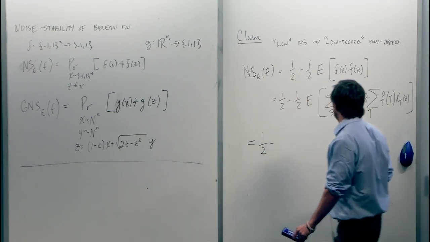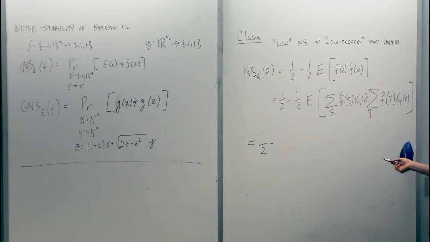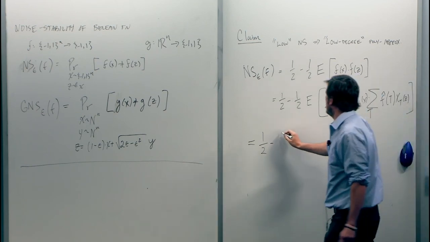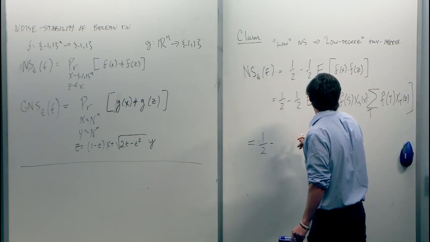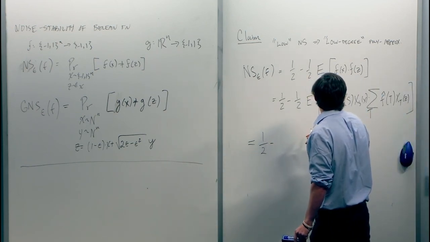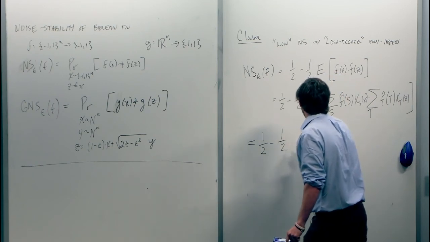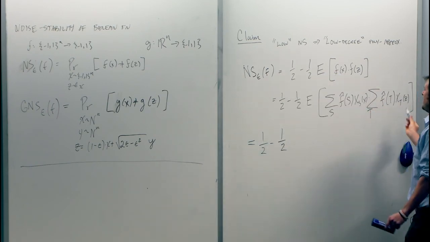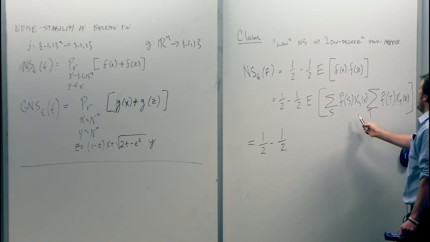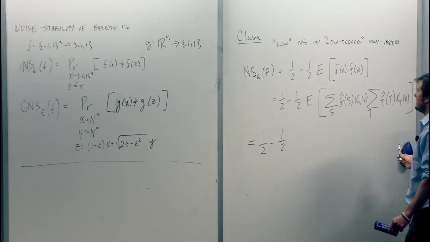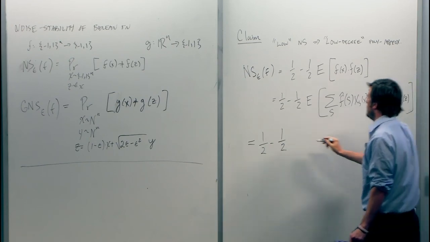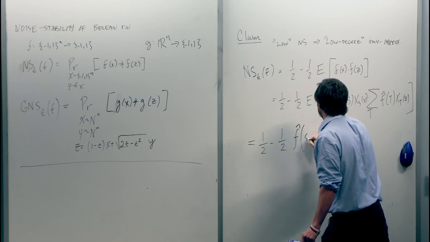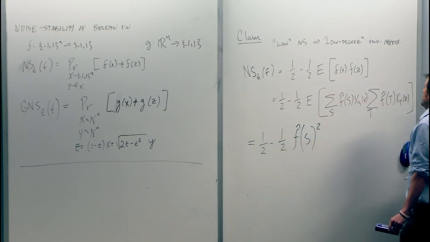I'll skip some steps because I think we've seen this before, but when you multiply all of these out, all of the terms where s does not equal t are going to be 0, and you're going to be left with terms where s equals t.